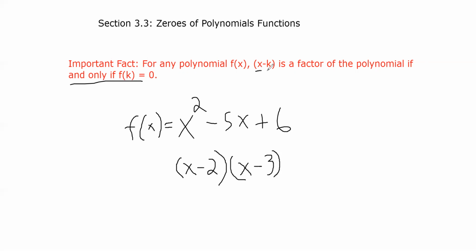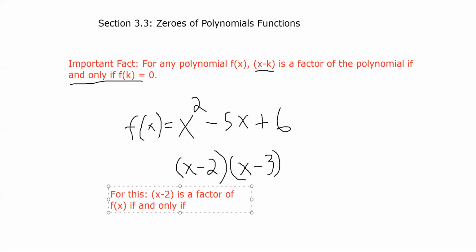So now what this is saying is x minus k is a factor if and only if that k value could have been plugged into the polynomial and given you 0. So for this one, x minus 2 is a factor of the function above if and only if f of positive 2 equals 0.